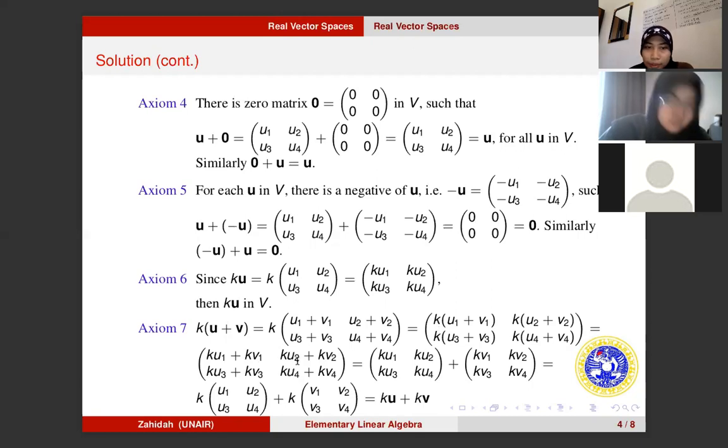From here, we spread into two factors, right? So we have ku1, ku2, ku3, ku4 plus kv1 through kv4. This one equals k times matrix u, this one k times matrix v.